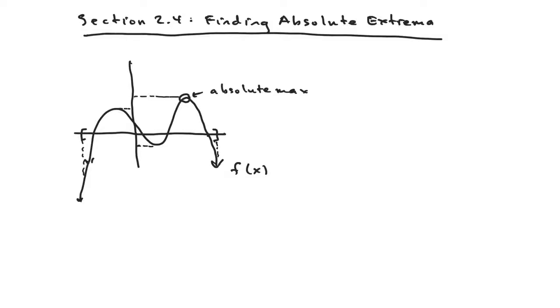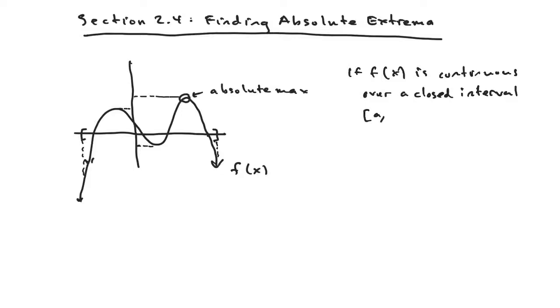So what we're going to say is that if f of x is continuous over a closed interval, which we'll call AB, then it must have an absolute max and min.